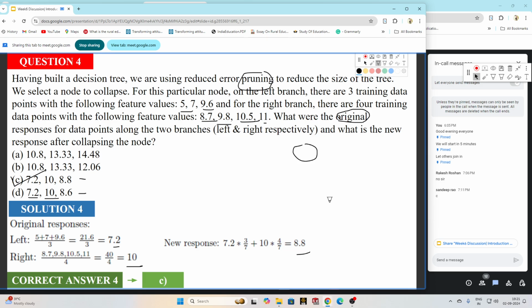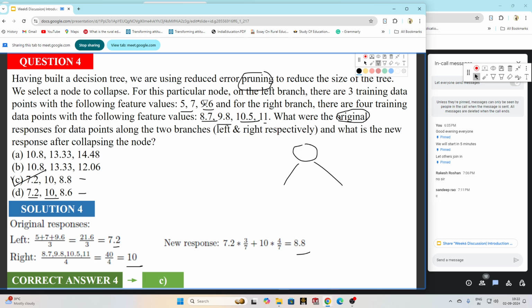Is this clear? Whenever we are collapsing the branches, or pruning, our new response will be a weighted sum of the response on both sides. It is a weighted sum because here we have 3 examples and here we have 4 examples, so ultimately we have 7 examples.